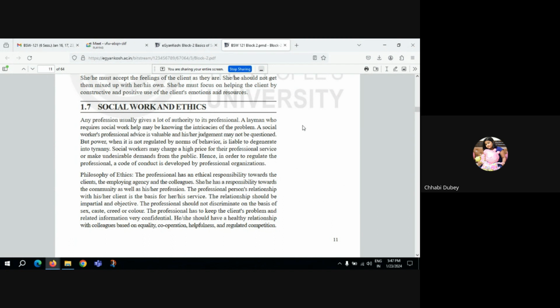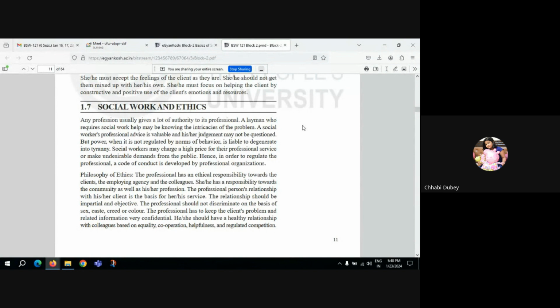Generally, we will find that any profession gives a lot of authority to its professionals. A layman who requires social work help may not know the intricacies of the problem, so a social worker's professional advice is very valuable.